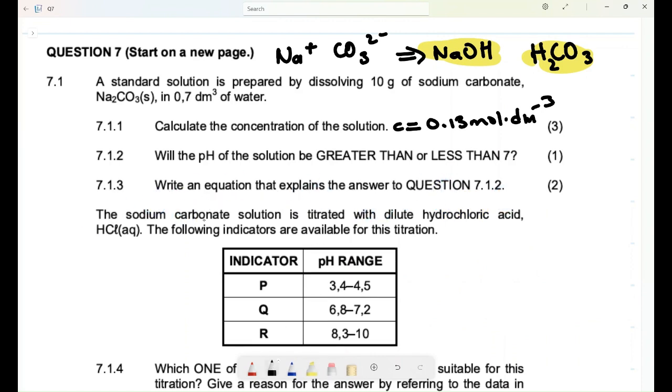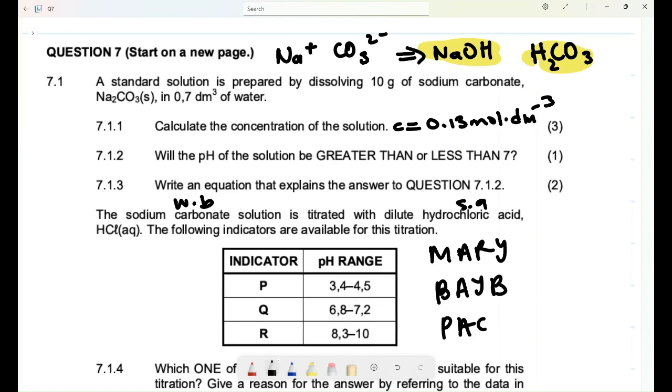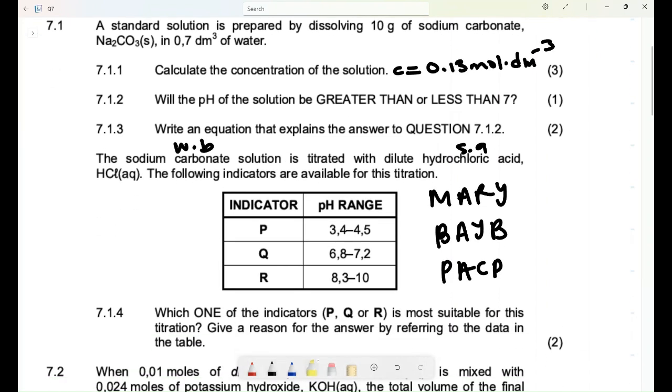I'm told that the sodium carbonate solution, remember this is a weak base, is titrated with dilute hydrochloric acid. Remember this is a strong acid. The following indicators are available for titration, with their ranges. The analogy that I use is Mary, baby, pack P. What do I mean by this strategy of taking it with you?